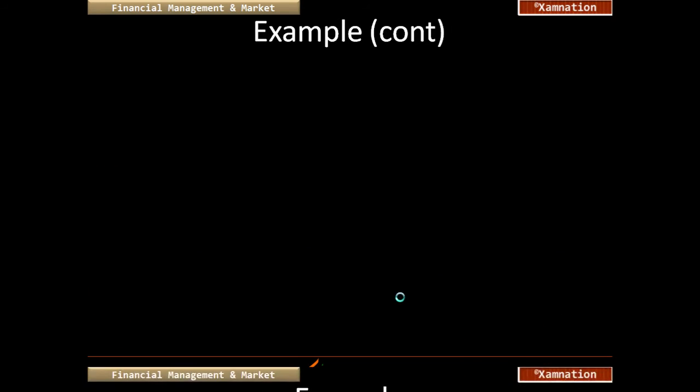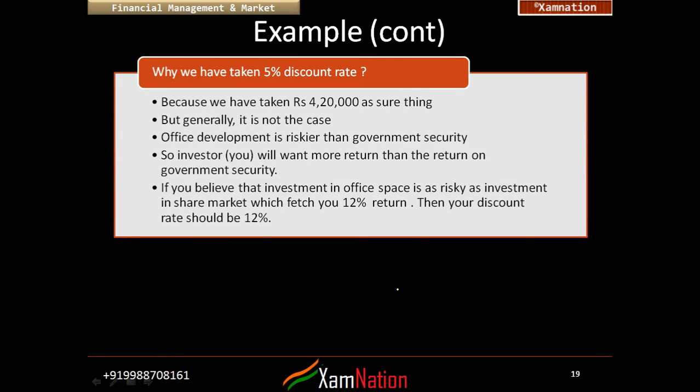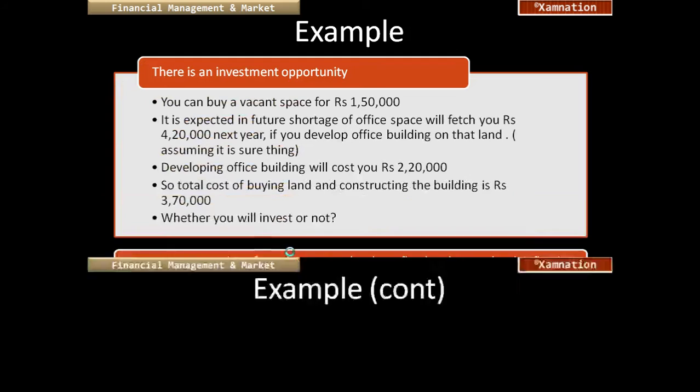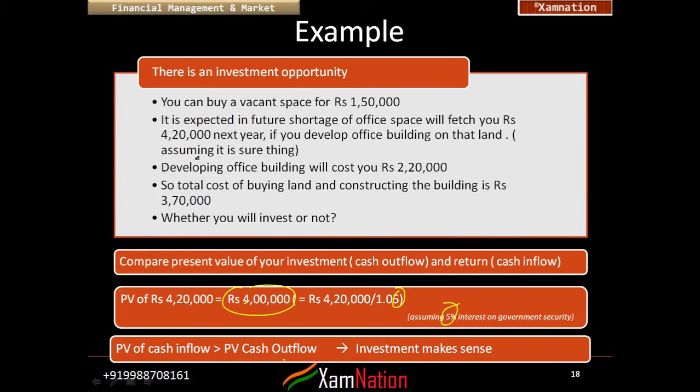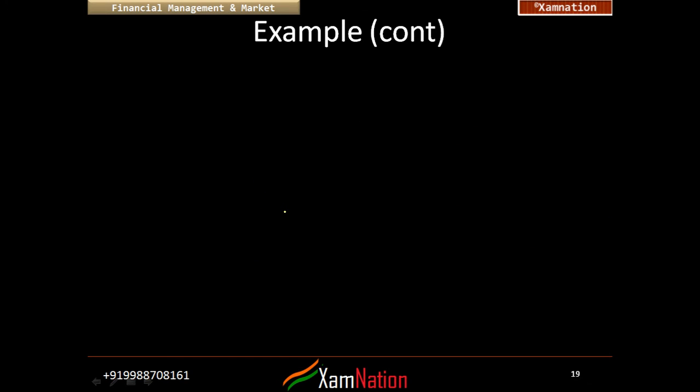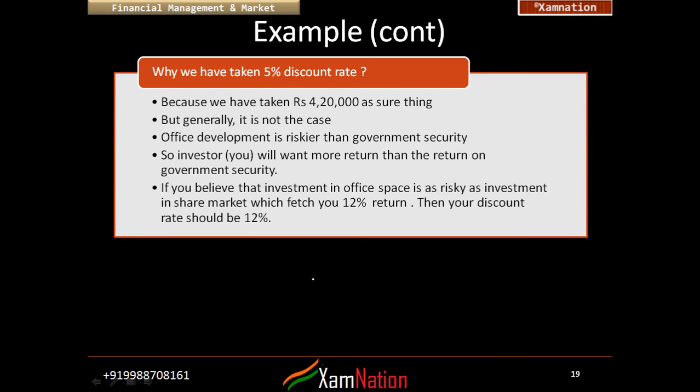Let's understand why we have taken 5%. If you have read the question carefully, it says to assume it is a sure thing. What is the sure thing? That you will definitely get 4,20,000. If I assume that it is a sure thing, just consider the figure here. If this is you and you have to take a decision, you have some money, let's say 3,70,000, and you have two options.